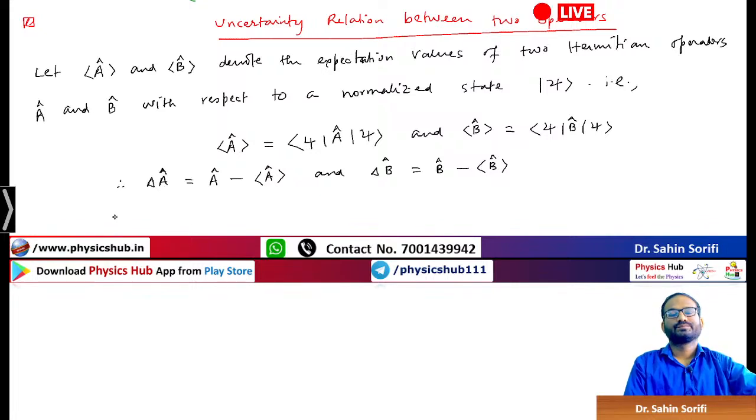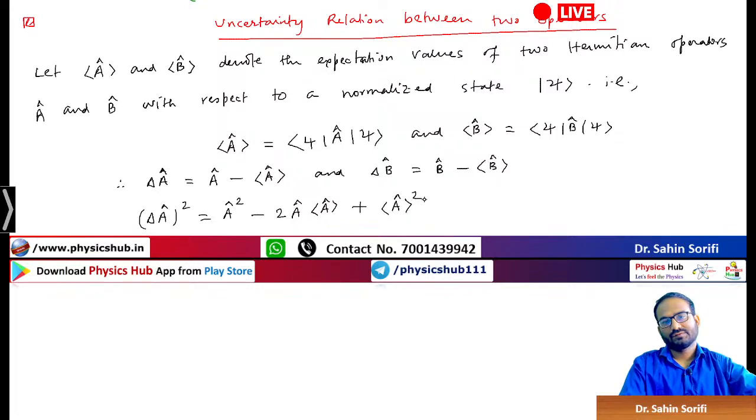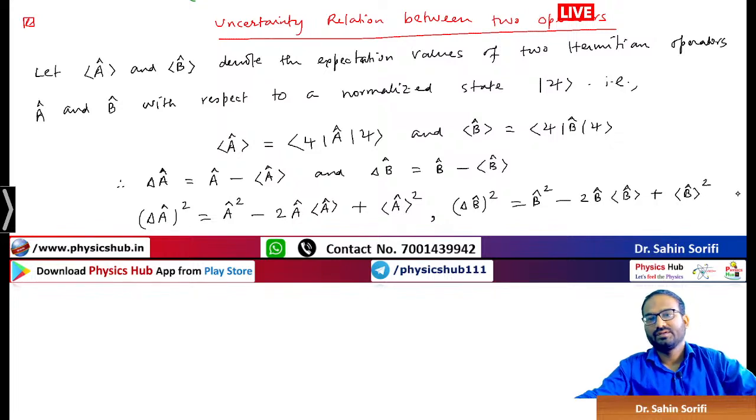So if this is so, then we can write delta A square, it will be equal to A square minus 2A expectation of A plus expectation of A whole square. On the other hand, delta B square will become B square minus 2B expectation of B plus expectation of B whole square.